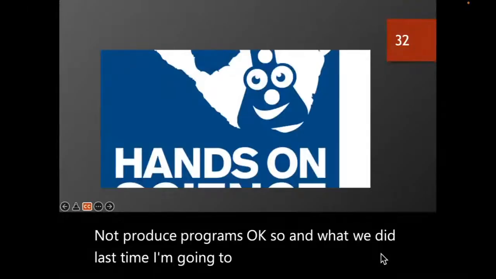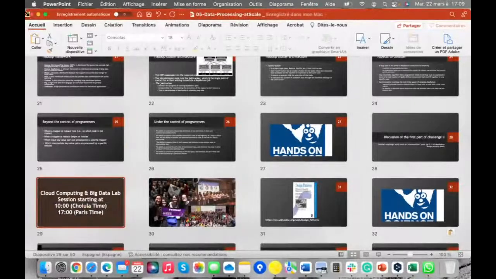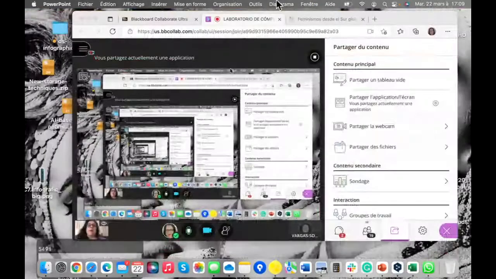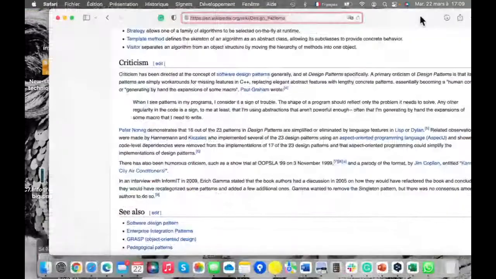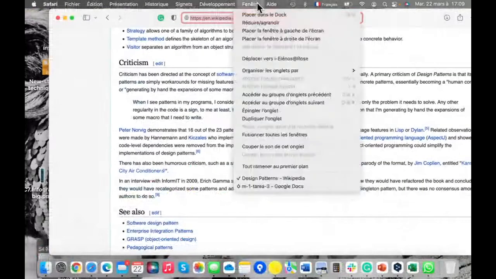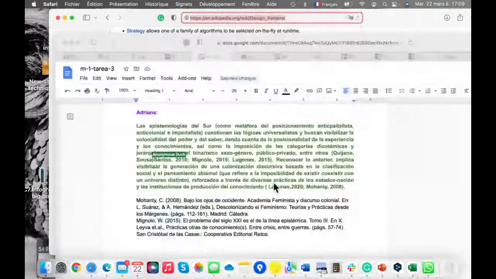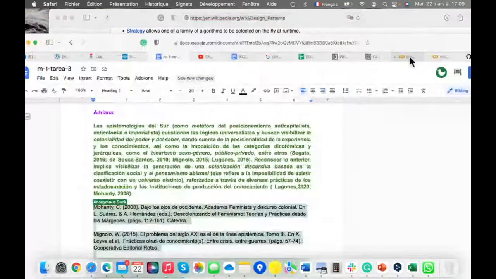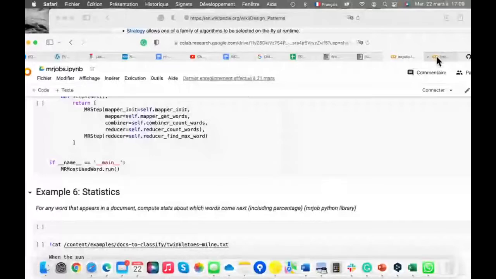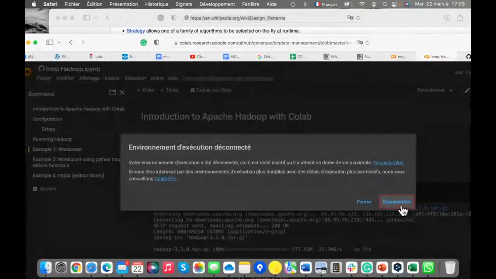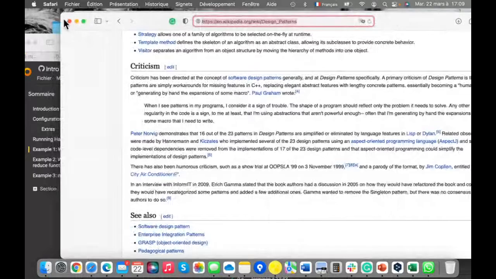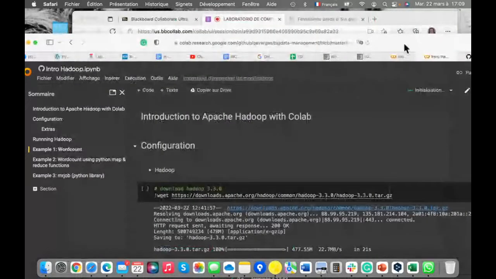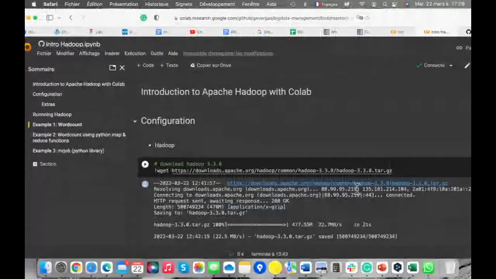Change screen, and I'm going to share my... well, this is not what I want to share, but this is what I want to share. So what we did last time was, why is it now?